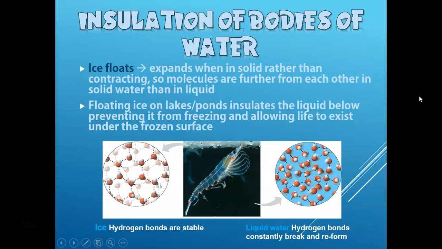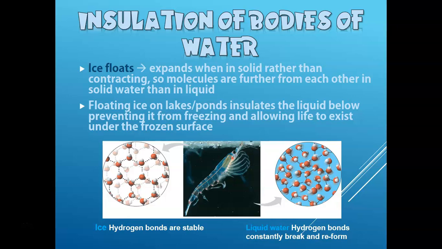Why is this a good thing? Well, if you're an aquatic organism that lives anywhere where that water can freeze at any point during the year, it's really important for you. Because if ice were to freeze and sink, that means that that lake, pond, whatever body of water we're dealing with would freeze from the bottom up.